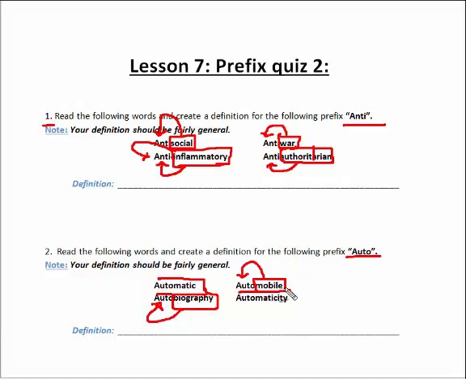Auto means automatic, but also it means automatically doing something with yourself. Automotacity. The root word here is motacity. Motile, it means movement. Auto, put in the front, means to do it by yourself automatically. Automotacity, moving by itself.